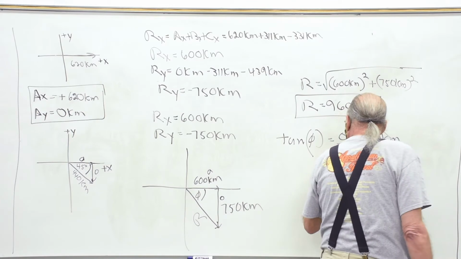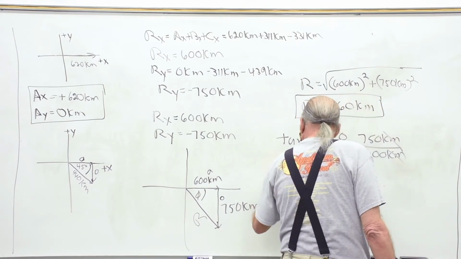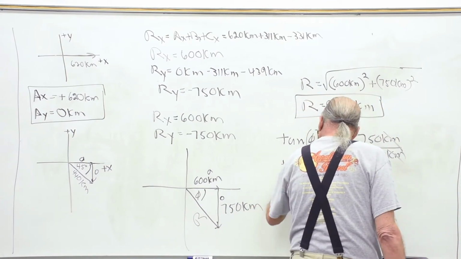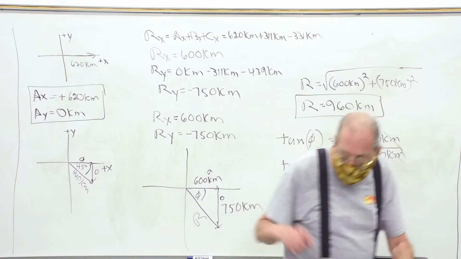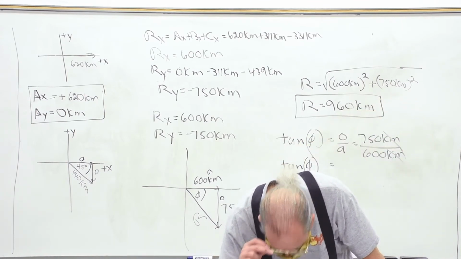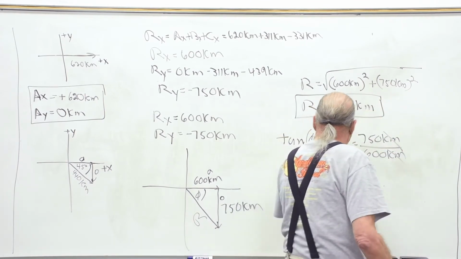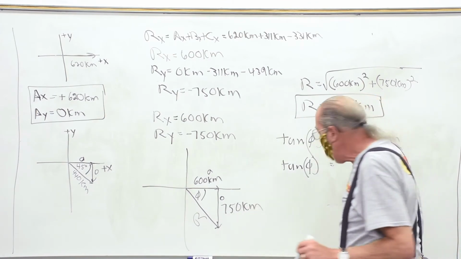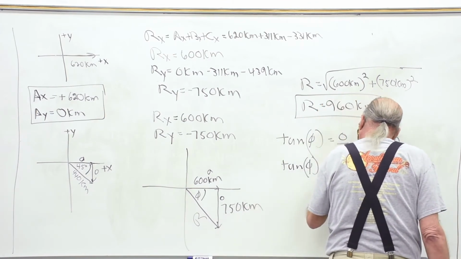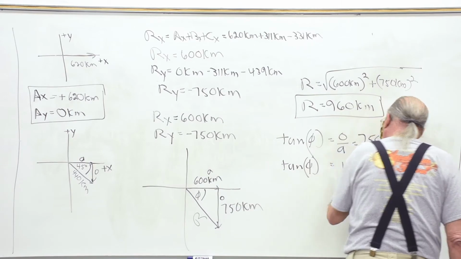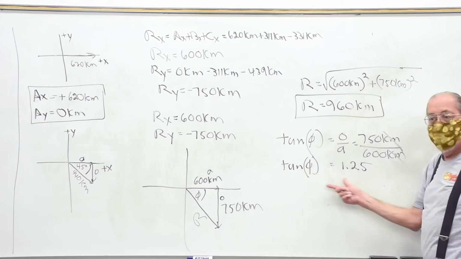So that turns out to be, it says that the tangent of the angle, do they actually do the intermediate step here? Yes, is 1.25. And how do you solve this?